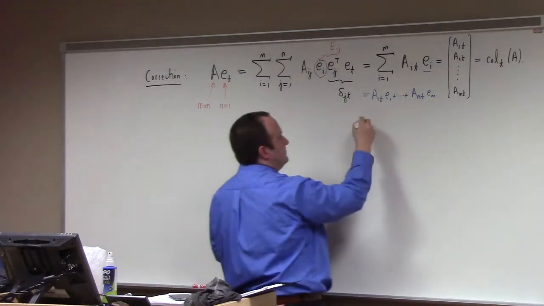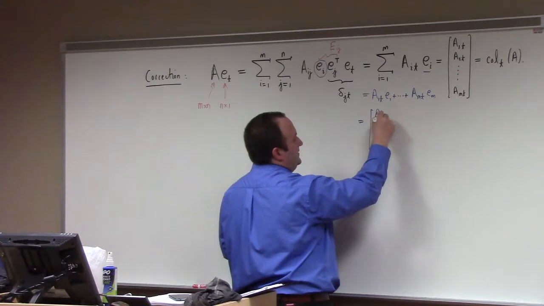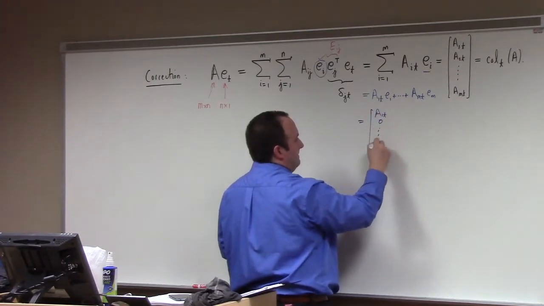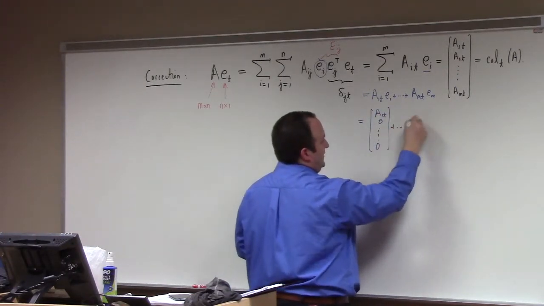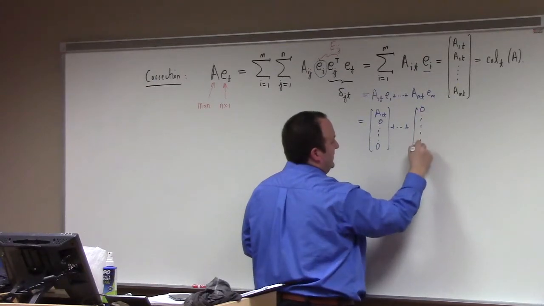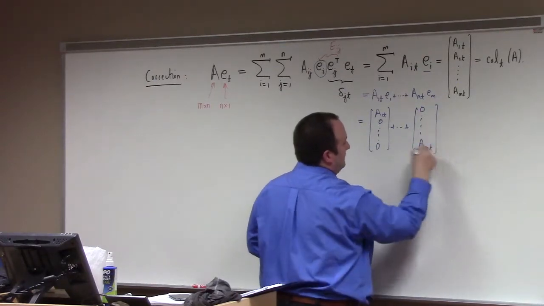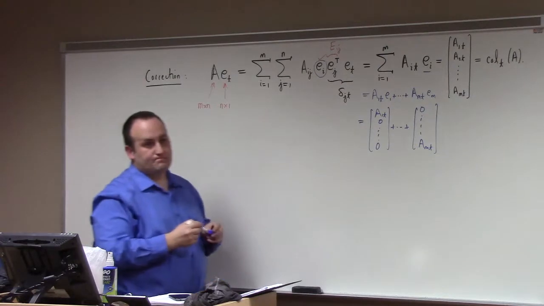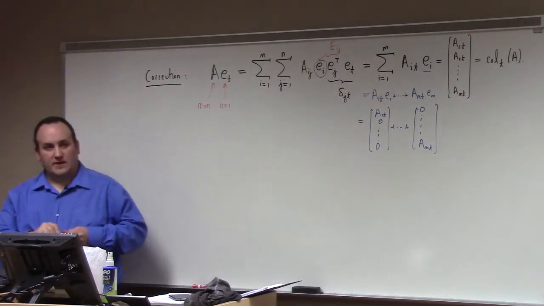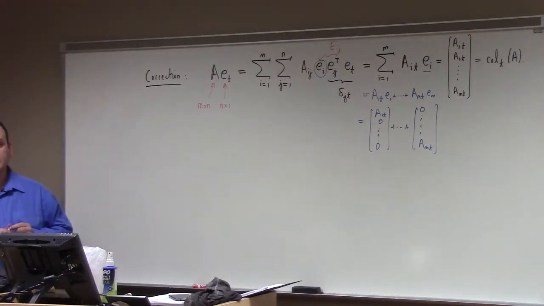Like the first term is A1t, zeros, and so forth until we get to zeros all the way to Amt. Any questions about this? Okay.